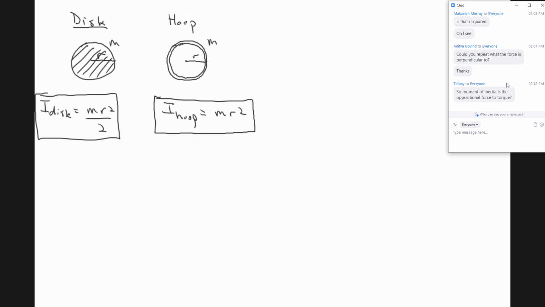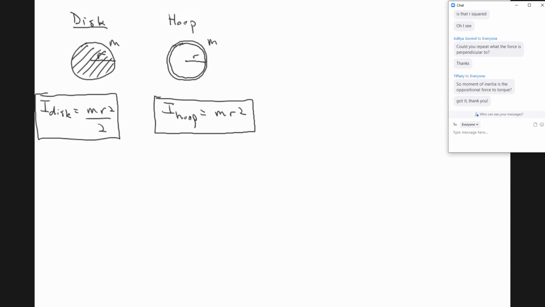Oppositional is like kind of like friction. That's opposite, right? It's just the natural tendency of that object to do what it's normally doing. If it's resting, it wants to rest. If it's in motion, it wants to stay in motion. So whether it's rotating or going a translational motion, it's still staying in some type of motion. So inertia is tendency of an object to want to continue doing what it's doing. It's like being lazy, right? But in both cases, we have to put a force into it to get it to want to change.